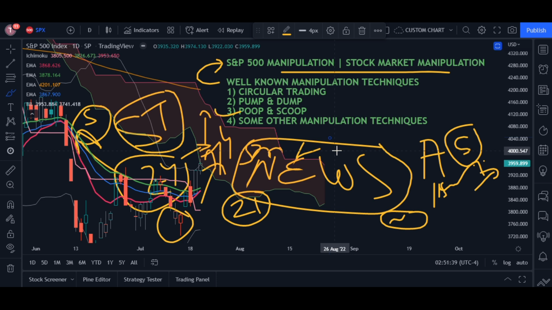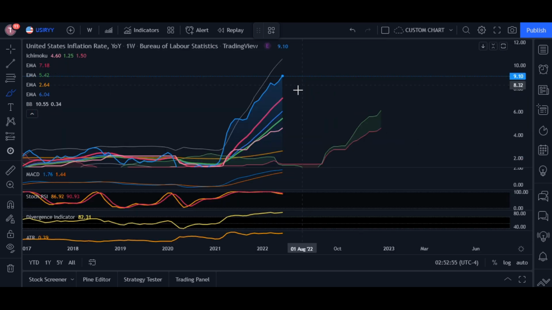And because you are heavily dependent on the news to trade, you are forgetting about what is happening on the other front. And when I say the other front, let me show you. The other part of the economy is that as of 20th of July 2022, the inflation is 9.1.